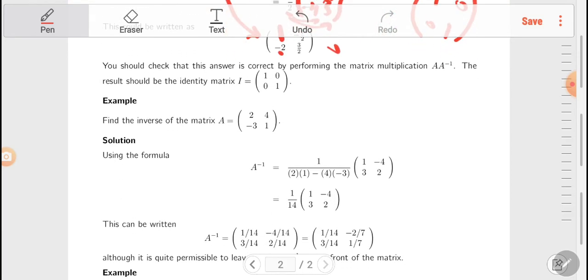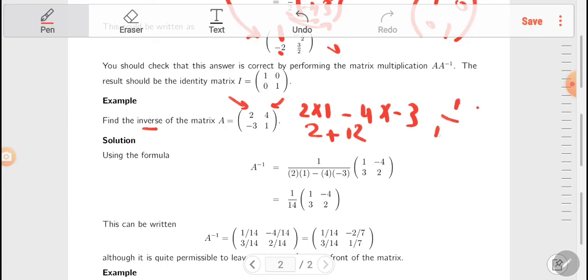How to determine the inverse of another matrix, [2, 4; negative 3, 1]. First of all, multiply 2 by 1, minus 4 by negative 3. So it's 2 plus 12, which is 14. Make it 1 over 14.